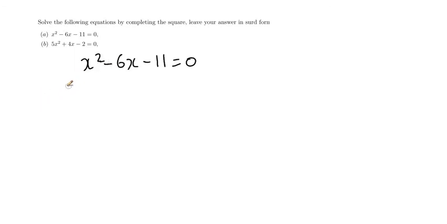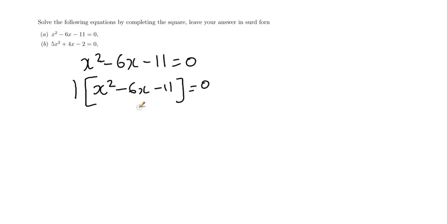In this case the coefficient is 1, so let's pull it out. But remember, when you pull it out, it's going to affect the other terms as well. So what is going to remain here is x squared minus 6x minus 11 is equal to 0.